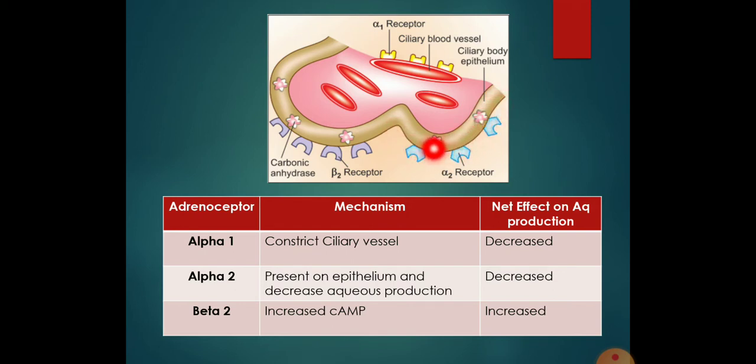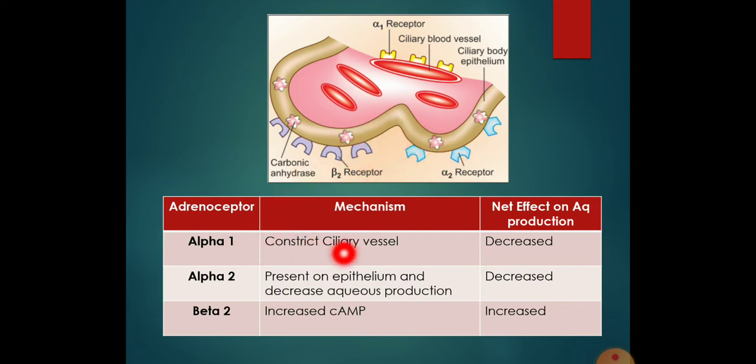This epithelium is under the control of the adrenergic receptors, alpha 1 and 2 and beta 2 receptors, and the ciliary body epithelium will ultimately determine how much secretion there is.